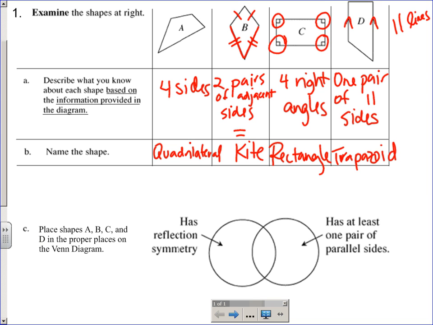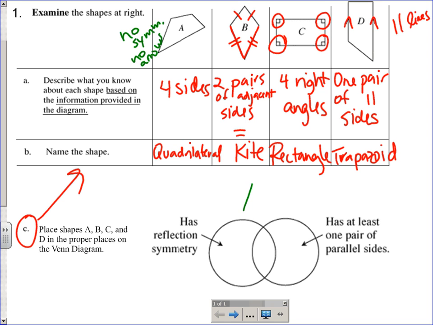Part C, you're using the shapes from up here. A does not have reflection symmetry. There is no line I can draw down it anywhere where I'll fold it onto itself and it will be perfect. Does it have parallel lines? Well, I don't see any arrows. So no symmetry, no arrows for parallel lines.